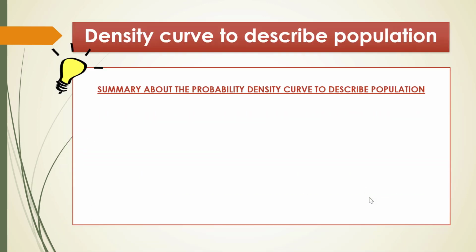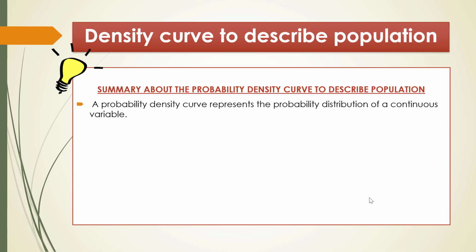Now, for the probability density curve to describe the population, we have some properties. A probability density curve represents the probability distribution of a continuous variable. Remember, a density curve is applied to a continuous variable, not a discrete one. The area under the entire curve is equal to 1.